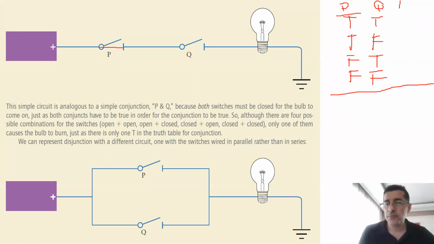P wedge Q. Now, we said that if they're both true, it's true. If one is true, then it is true. If both are false, then it is false.